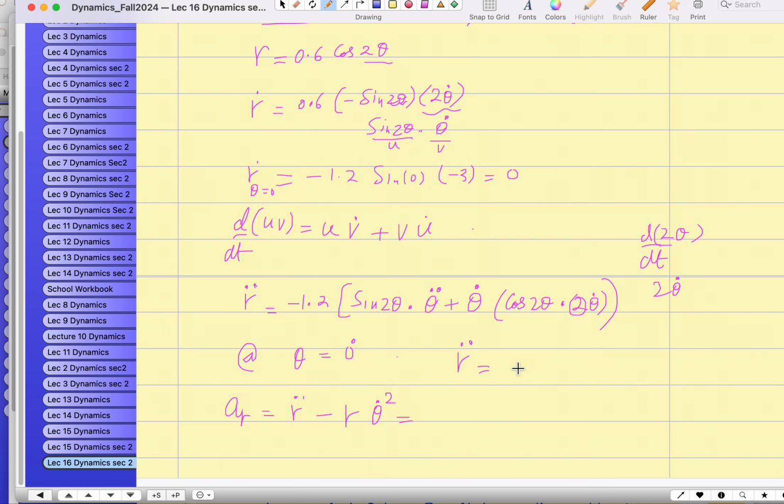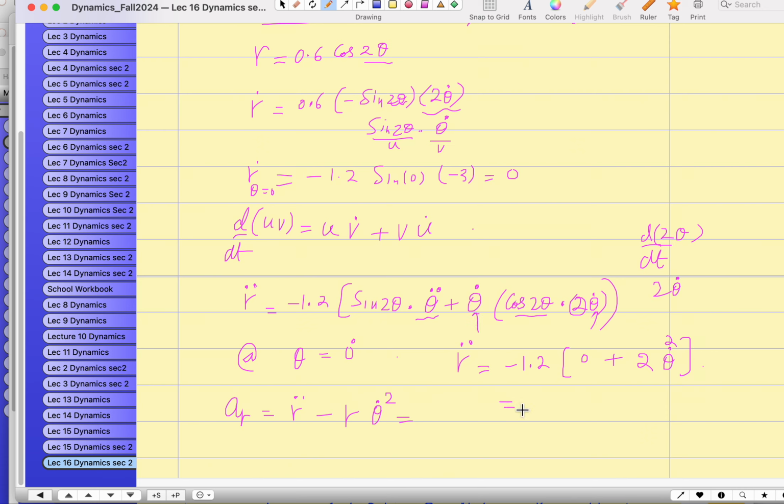If you open the parentheses, negative 1.2, this is 0 plus, because theta double dot is 0. Agreed? And cosine 2 theta, cosine 0 is 1. So it will be 2 times theta dot square. You agree? Because this is theta dot here.